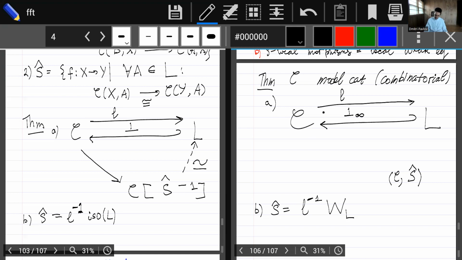Here, maybe I should write this a bit more. Precisely like C with some weak equivalences W, you have a canonical relative functor, which on the underlying category C is just identity.